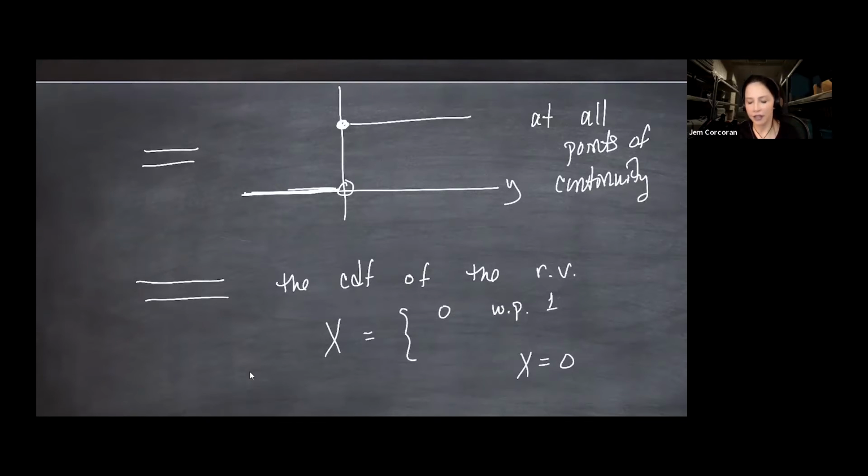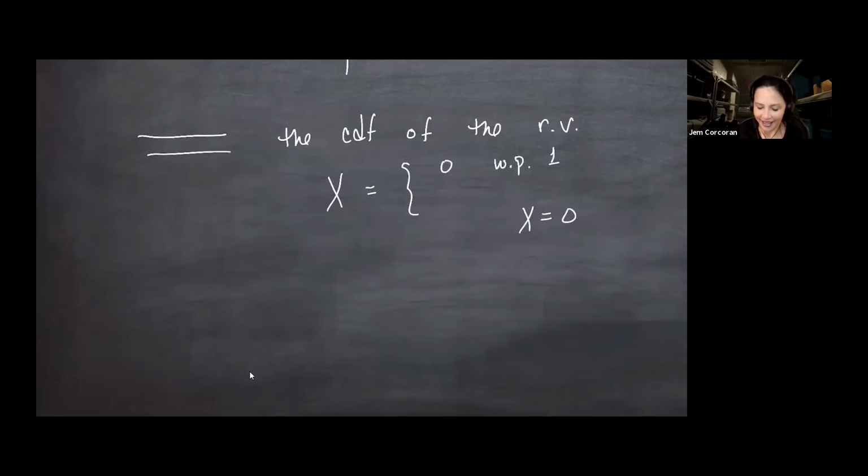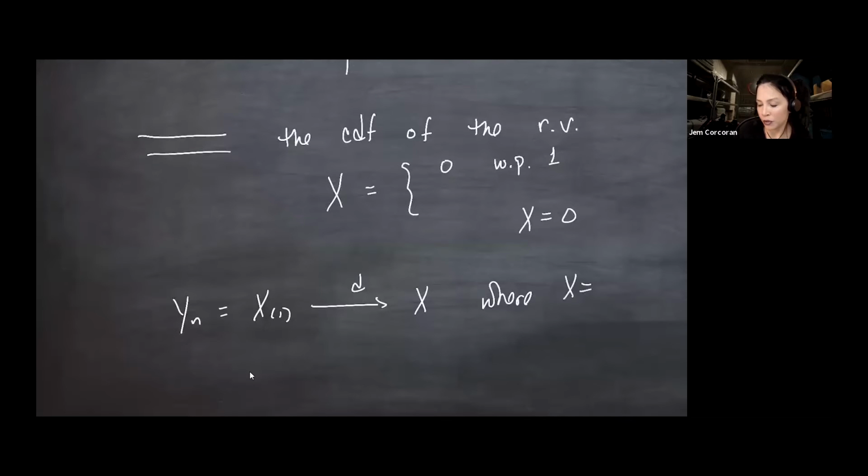So to finish this off, the Yn, which is the minimum of our Paretos, is converging in distribution to x, where x equals 0 with probability 1. A sloppier way to say that would be the minimum converges in distribution to 1.